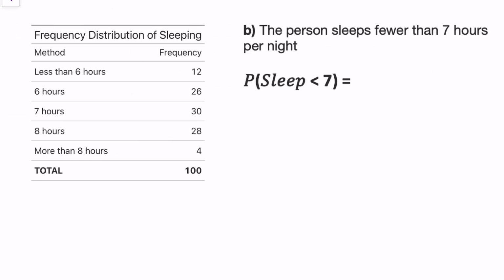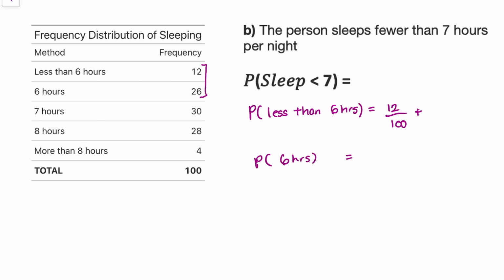So the second bullet point, we want to find the probability that a person sleeps fewer than 7 hours. So this is not going to include 7 hours. It's going to include anything before that. So that would be these two categories, less than 6 hours. So probability, it's going to be 12 over 100, plus the probability that is 6 hours.